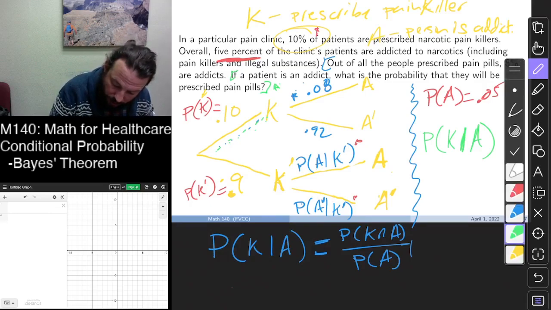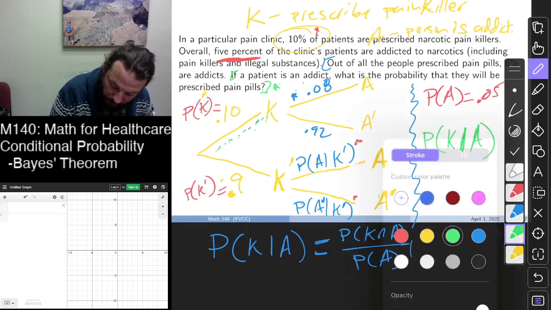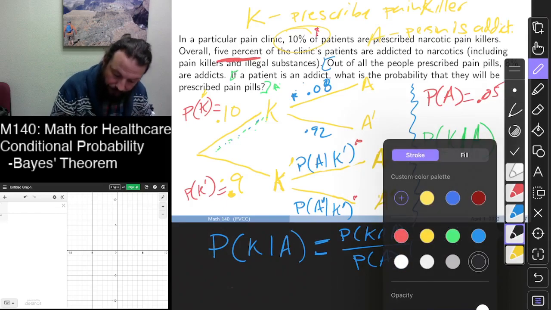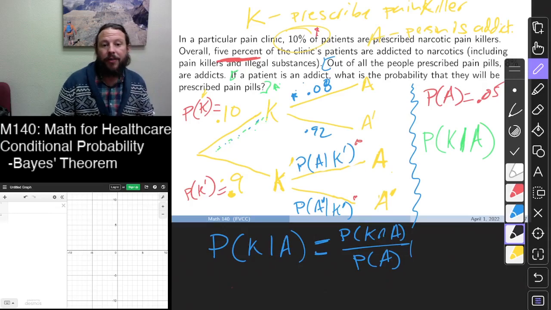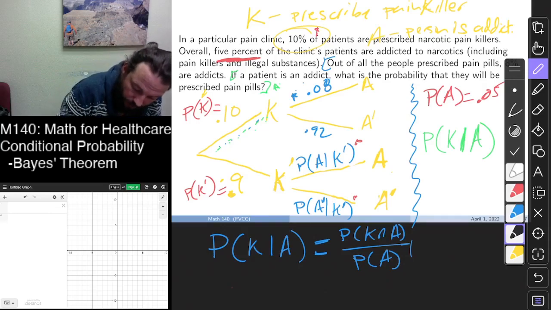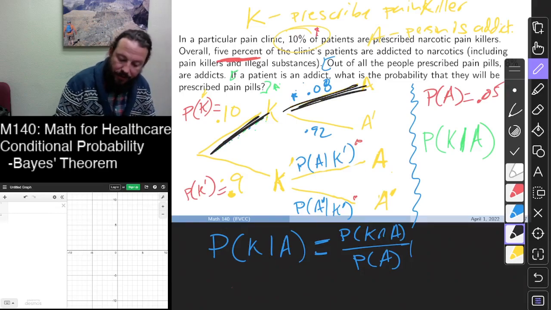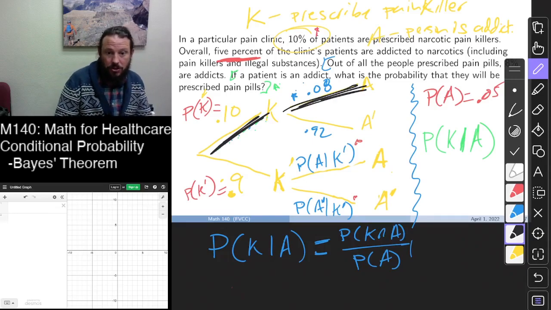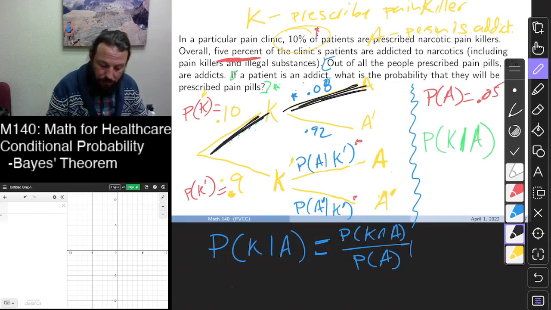What is that intersection? Which path is it? I like to remember we think of the intersections as paths. It's K intersect A. I'm down that path. And I know how to find that intersection using our product rule, even though they're not independent.